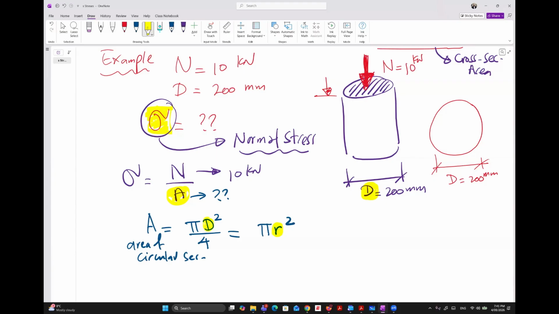Both are the same, but for this one we have the radius, and for this one we have the diameter. Okay, so usually the diameter is from here to here. So this is the diameter. What is the radius? This is the radius. From the center to the edge is the radius. Okay, so both are okay. Don't worry about that.